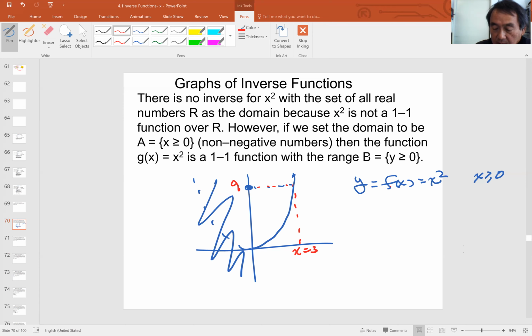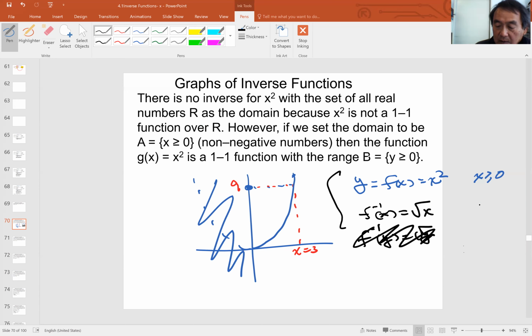Okay. In other words, in this case, f inverse of x does exist, because I know what it is. It is the square root of x. In other words, f inverse of y is the square root of y, the positive square root.